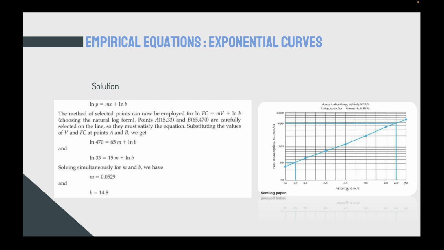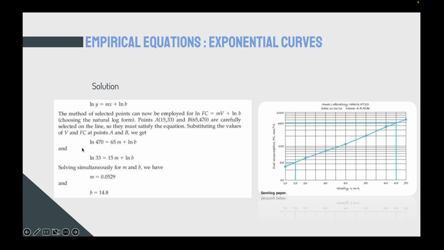Now we know that in this case, ln y would equal m x plus ln b. That's the equation form of the straight line in the semi-log representation. Now you can say fuel consumption FC: instead of y and x, you have ln FC equals m v plus ln b.